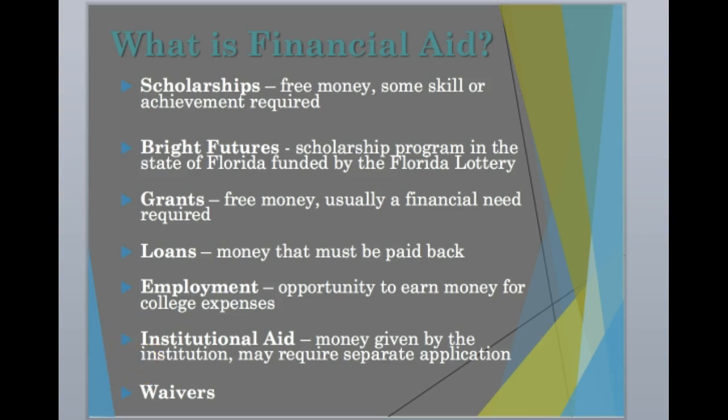Now, for example, there are waivers. Waivers are typically provided to specific types of students. Students who were in the Florida foster care system, for example, or adopted from the Florida foster care system, do have a tuition waiver.